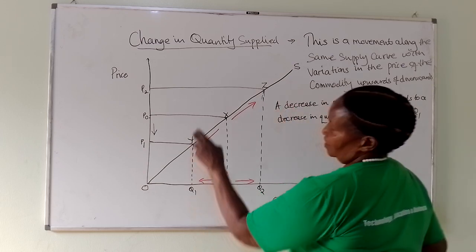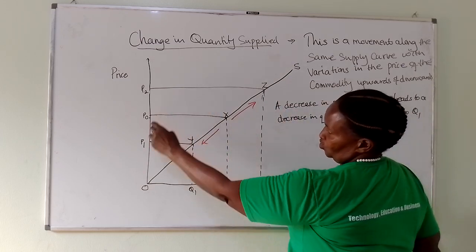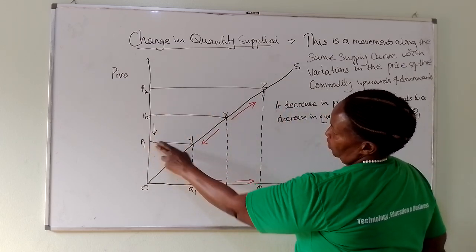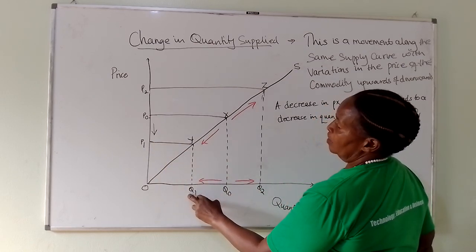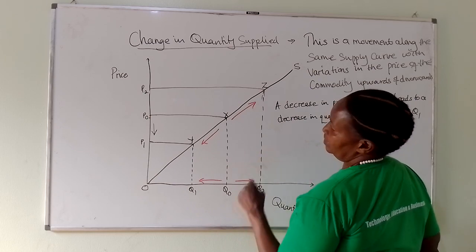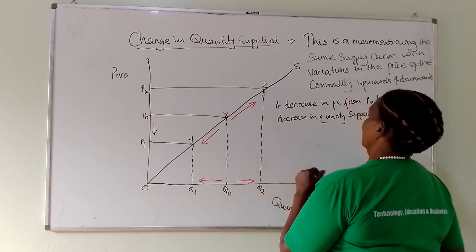A decrease in the price of the commodity from P0 to P1 leads to a decrease in quantity supplied from Q0 to Q1. And we call that a decrease in quantity supplied.